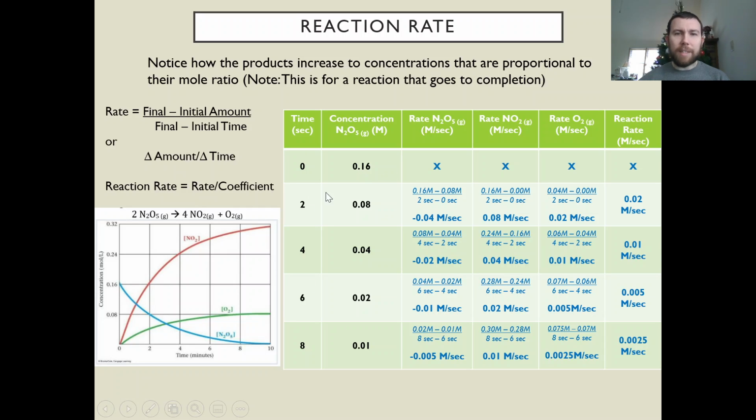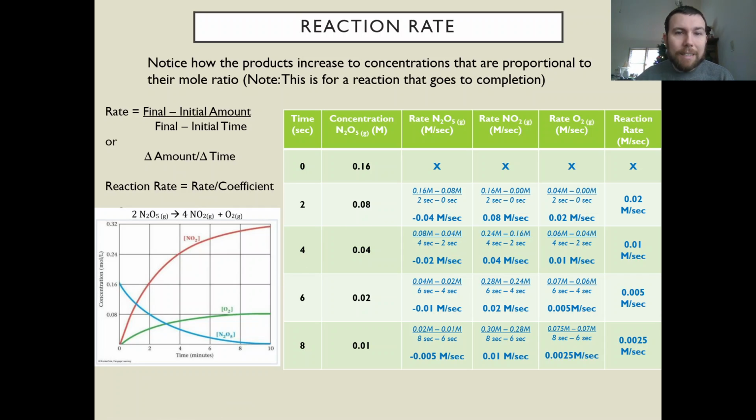Now, notice at the beginning, because we haven't had a change in time, we have no rate, no reaction rate, because the reaction hasn't started yet. Now, after time equals 2 seconds, we can go and take a look at the graph. And so if we're following the graph here at time equals 2 seconds, it looks like we've got about 0.08 molar concentration of N2O5.